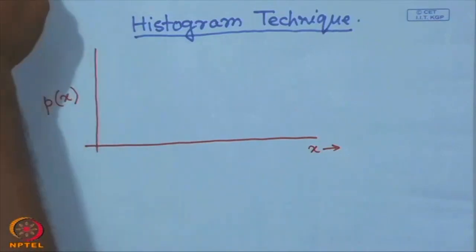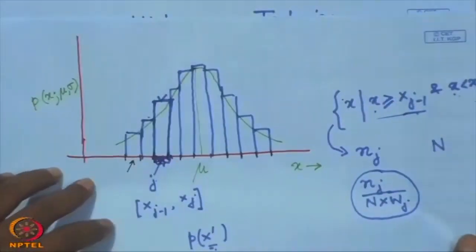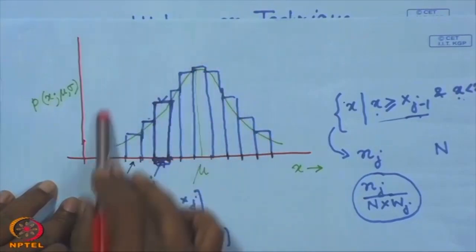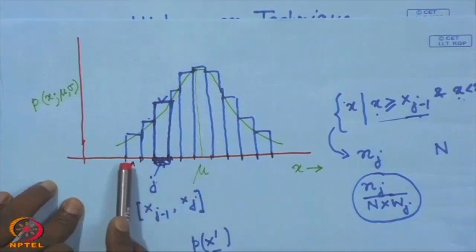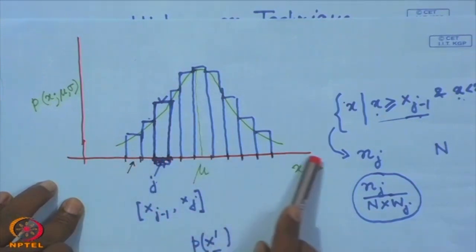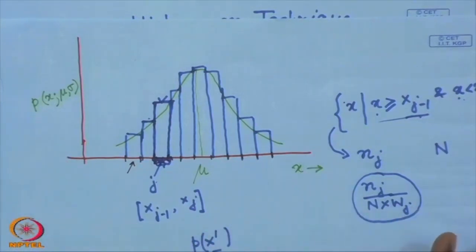As we have seen earlier, when we went for a piecewise constant approximation of a continuous probability density curve, we said that we divide the variable axis, or x axis, into a number of intervals.